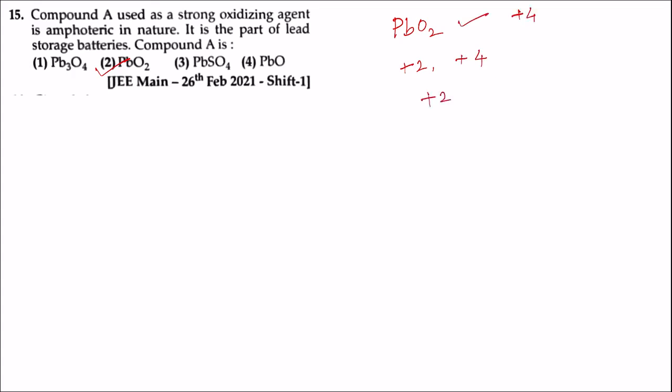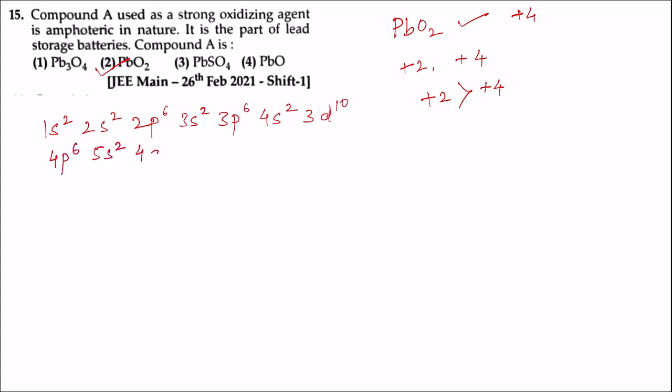Now plus 2 oxidation state of lead is more stable than plus 4 oxidation state. The reason behind this is inert pair effect. Electronic configuration of lead is 1s2, 2s2, 2p6, 3s2, 3p6, 4s2, 3d10, 4p6, 5s2, 4d10, 5p6, 6s2, 4f14, 5d10 and 6p2. 1s2 to 5p6 is the configuration of xenon.